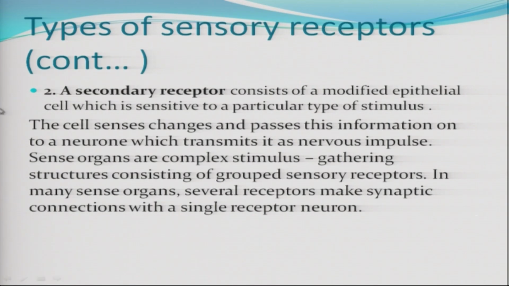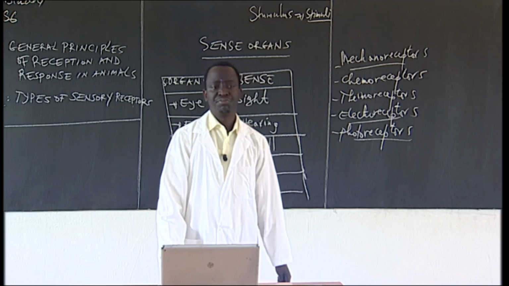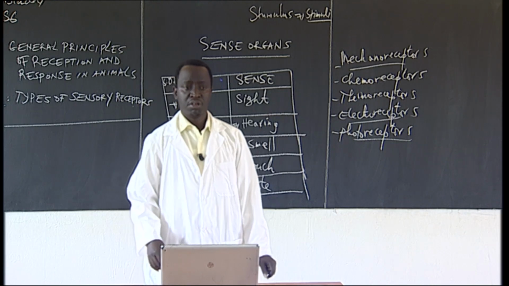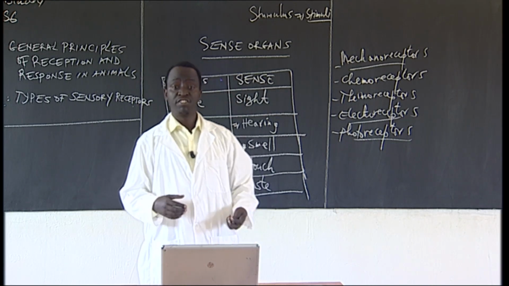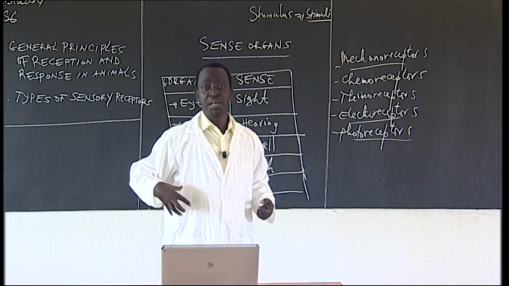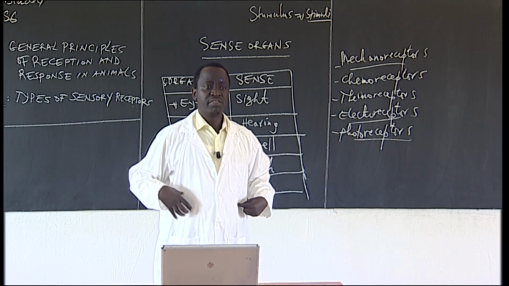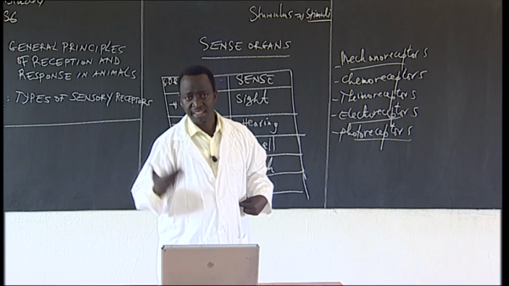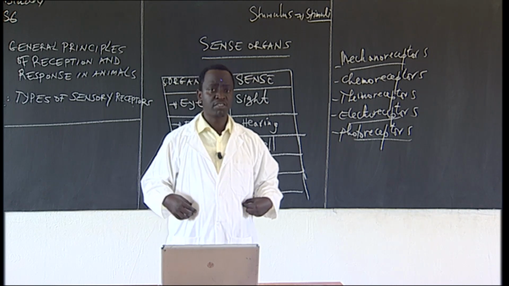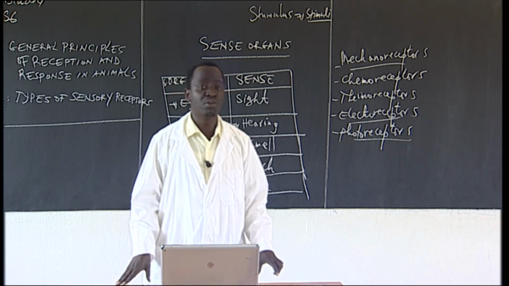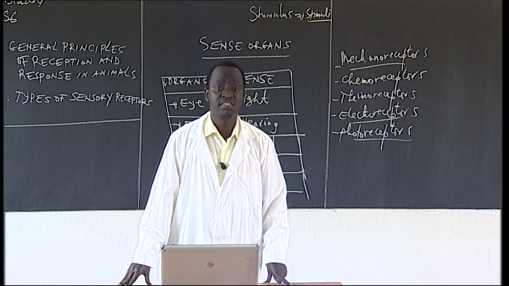Let's take an example of this secondary receptor or complex receptors. Those are sense organs. They have a group of receptors. Let's take, for example, the skin. We can say it is a secondary or complex receptor because on the skin we can have more than one receptor cell.